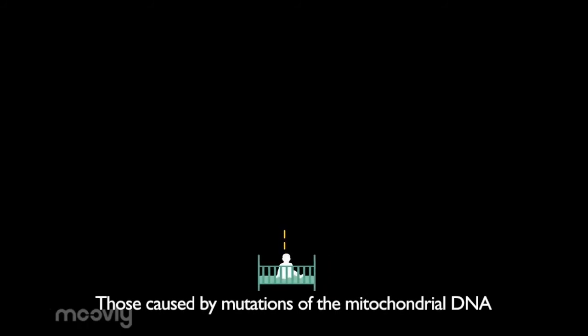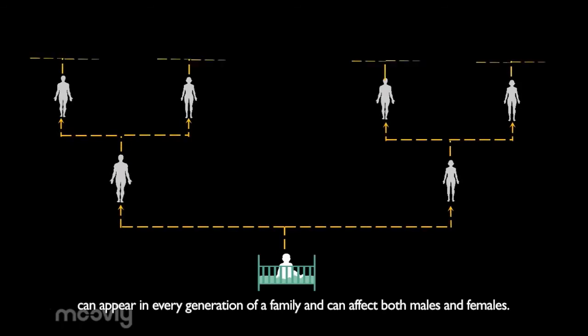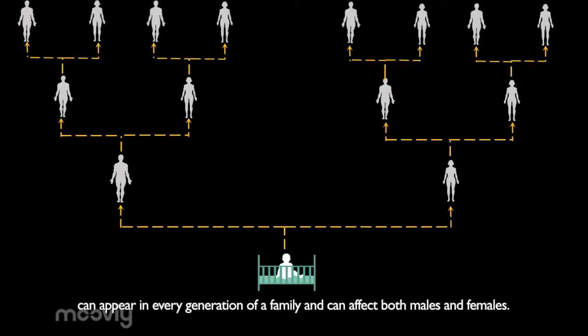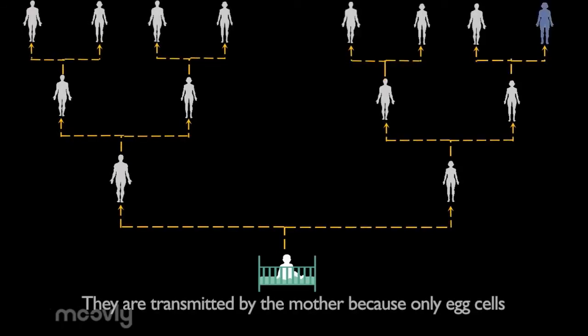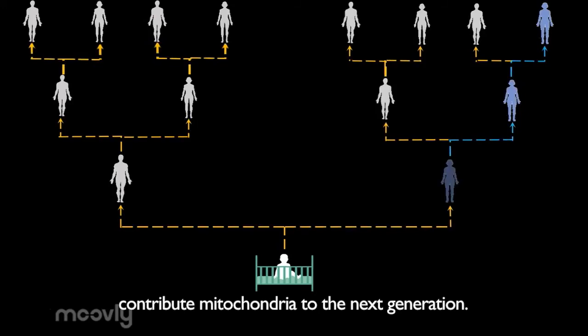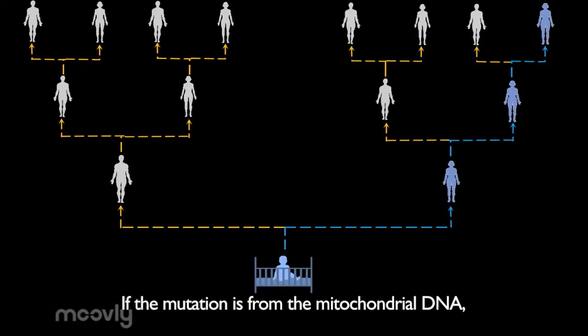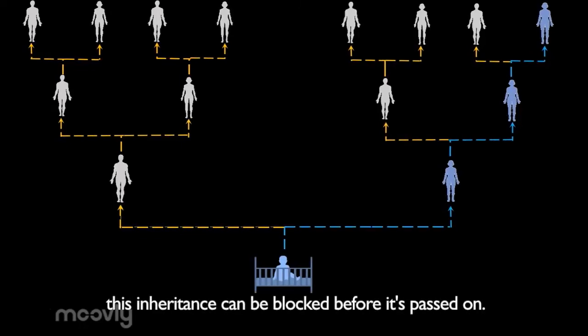Those caused by mutation of mitochondrial DNA can appear in every generation of a family and can affect both males and females. They are transmitted by the mother because only egg cells contribute mitochondria to the next generation. If the mutation is from the mitochondrial DNA, this inheritance can be blocked before it's passed on.